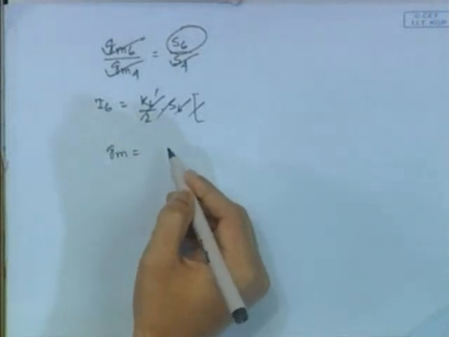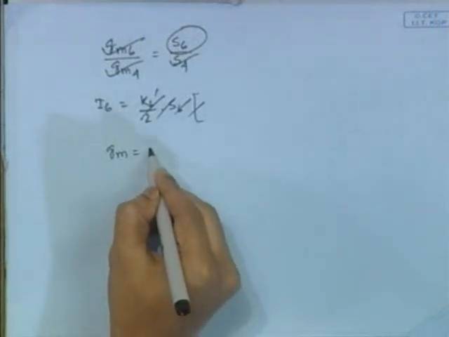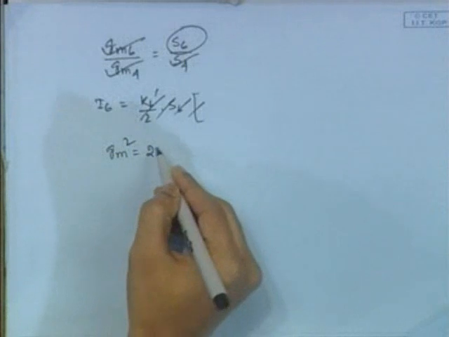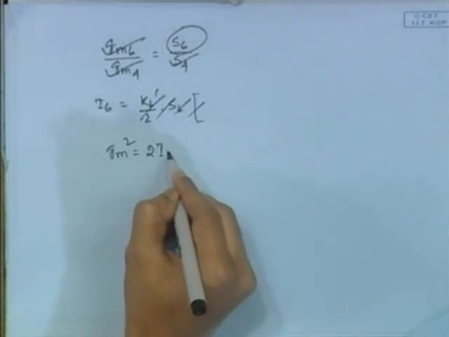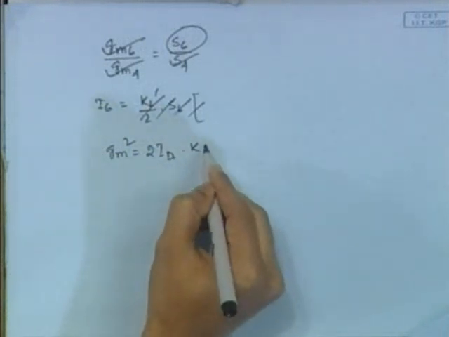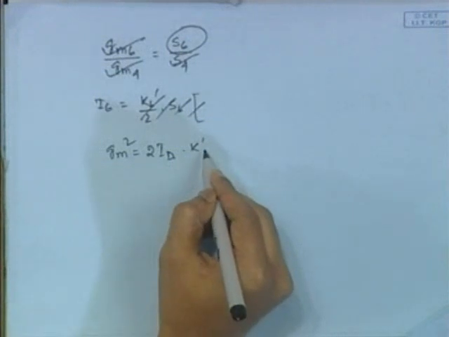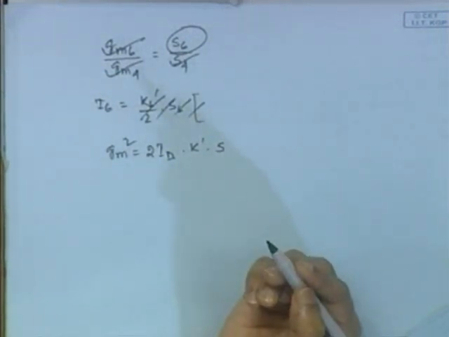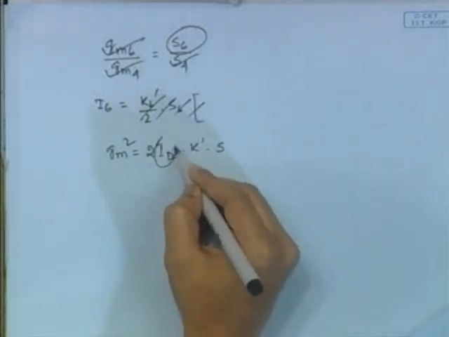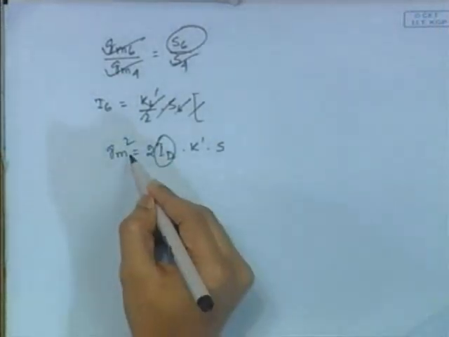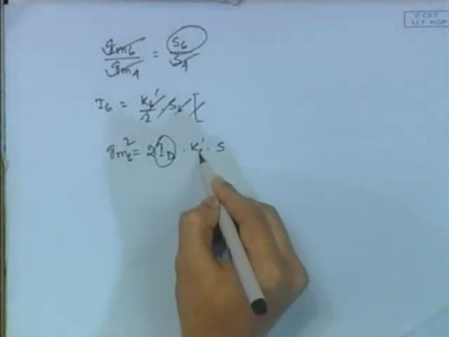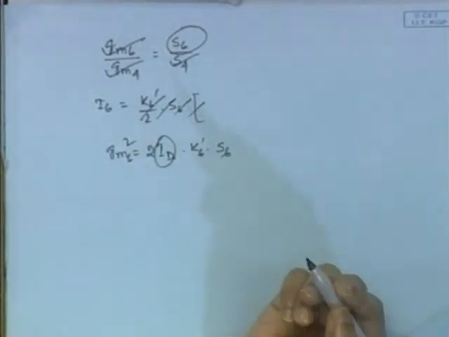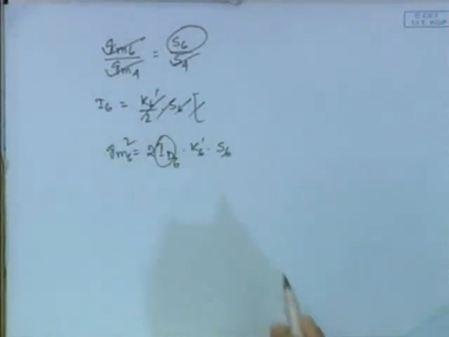GM is nothing but, very good, 2ID, and for any transistor I am writing K dash into S, the aspect ratio. So from here we can find out this ID, because GM6 is known to us, K6 is known to us, S6 is known to us. So ID6 we can easily find out.